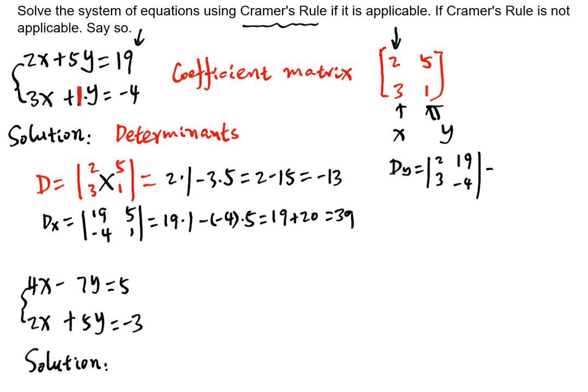Then you do 2 times negative 4, subtract 3 times 19. What do we get? Negative 8 minus 57, which gives us negative 65.